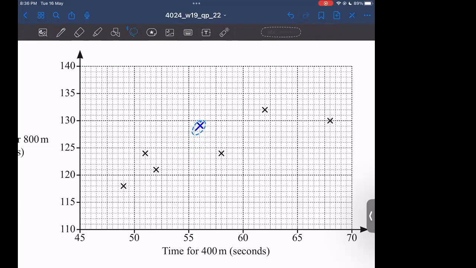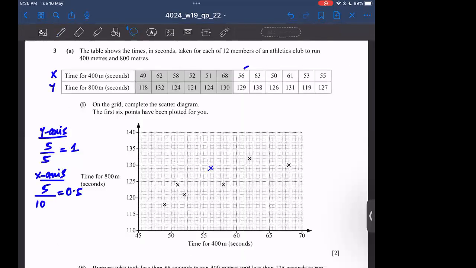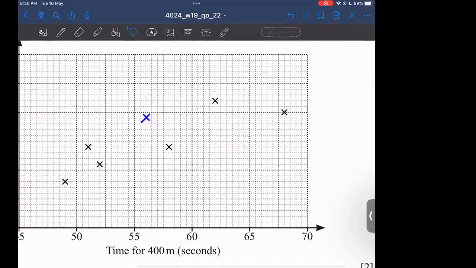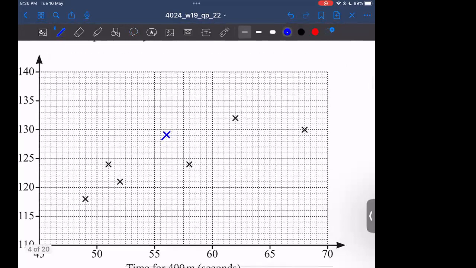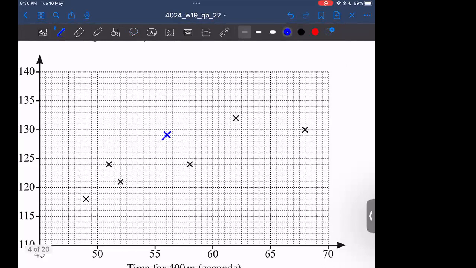All right. Then we have 63, 138. Where is 63? 63 is going to be 61, 62, 63, and this one is 138. So for 138, just write 2 boxes below 140. This is 130.